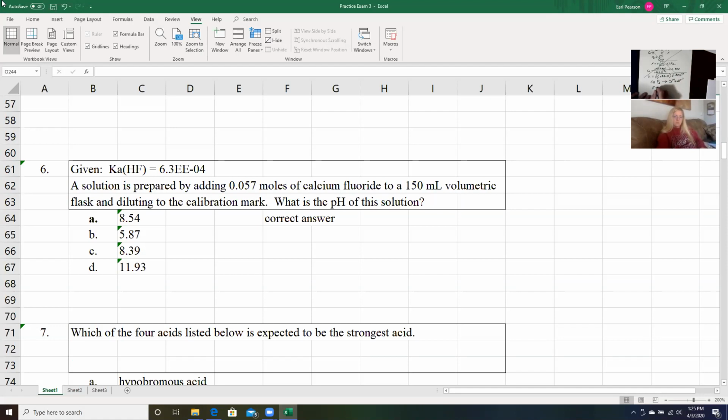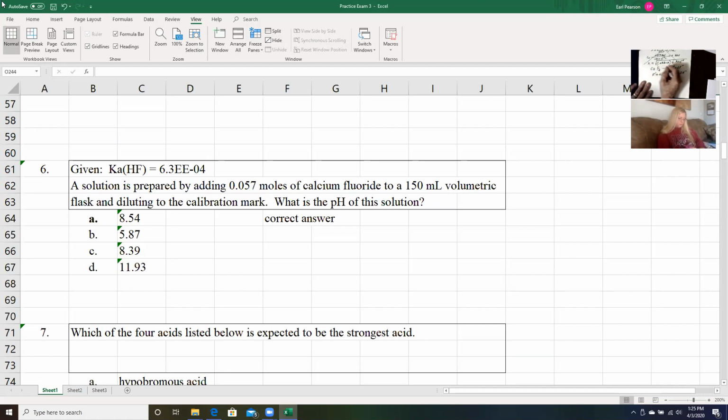Fluoride is going to react with water to set up an equilibrium of HF and OH minus. Now, it's going to still be sort of the same thing. I'm going to have some initial concentration, and now my initial concentration, though, is, I guess it is, 0.057 moles of calcium fluoride.